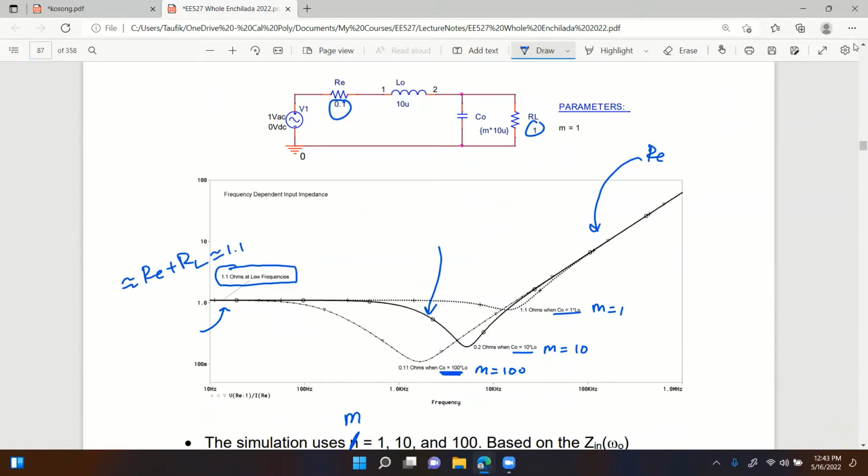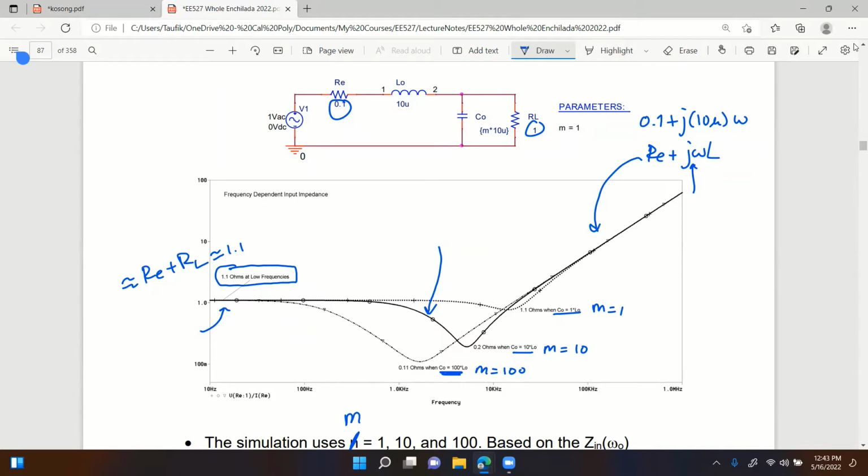RE plus j omega L. So as omega is increased, of course, the line goes up accordingly. It's like a line equation, basically. This is equal to 0.1 plus j 10 micro omega. So as omega increases, the magnitude also increases.